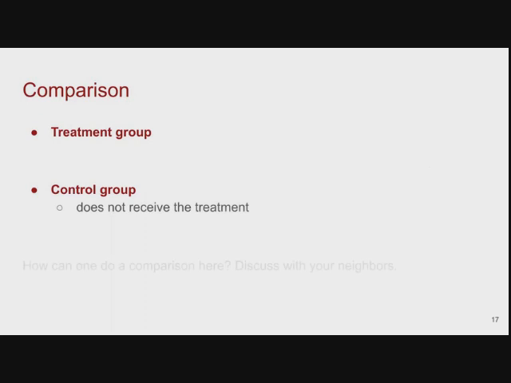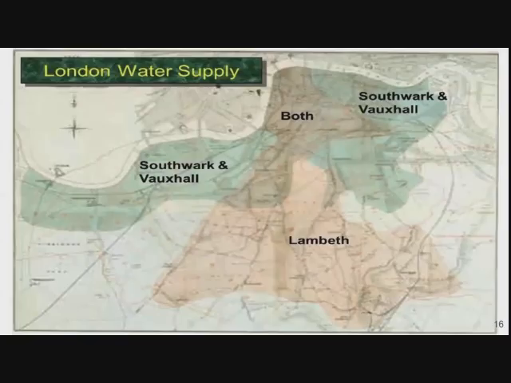But in our case, in particular, if we were to do a comparison here, especially since we know that there are 2 different water companies and one is above, one is below the sewage, the particular area that you will want to choose to do this comparison is that Beauce area.